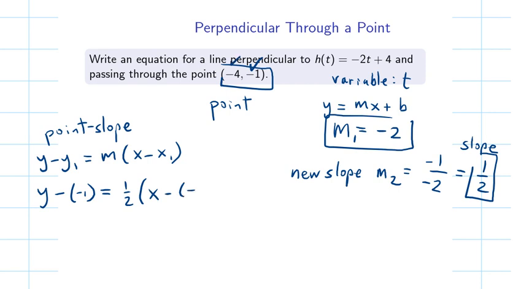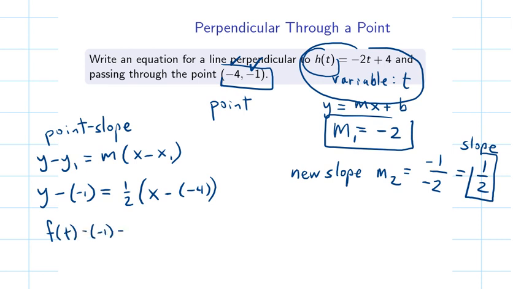And I'm almost done, but notice that the problem was given with a variable t, and not in y form, but as a function. So I can change this to f of t minus negative 1 equals 1/2 t minus negative 4. And we're actually good to go.